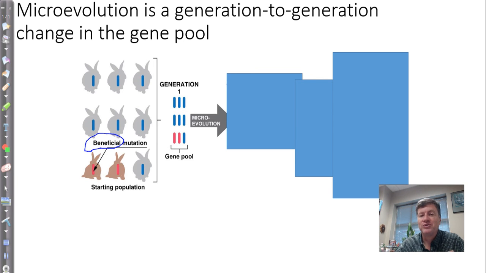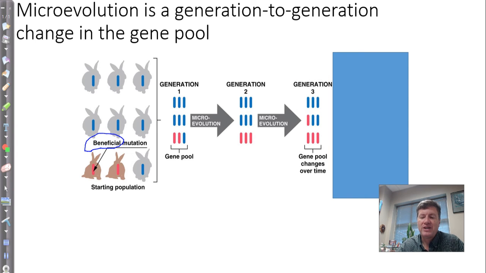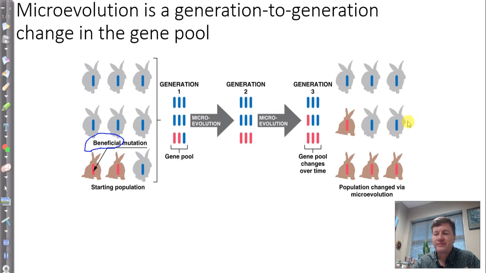through microevolution, through natural selection favoring one type over another, we see the gene pool gradually change so that perhaps over time the beneficial mutation, which let's say in this case is for coloration, leads to continued changes in the gene pool to where by the time we get to this generation, we see that there's been a shift in the gene pool.